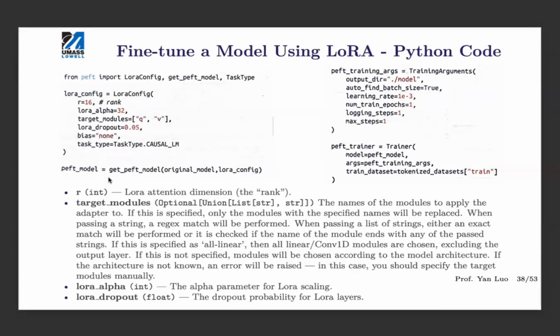I forgot to mention that you can use this get_peft_model to load the original pre-trained model with this LoRA configuration. So this PEFT model will be the one that you pass into the trainer function to perform the training.